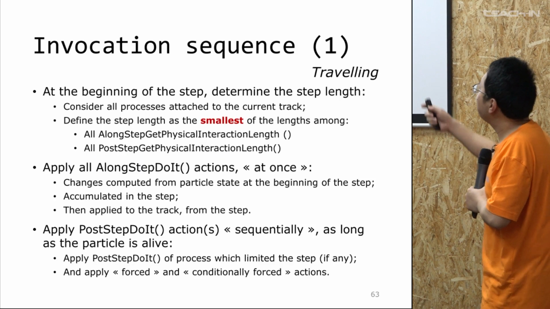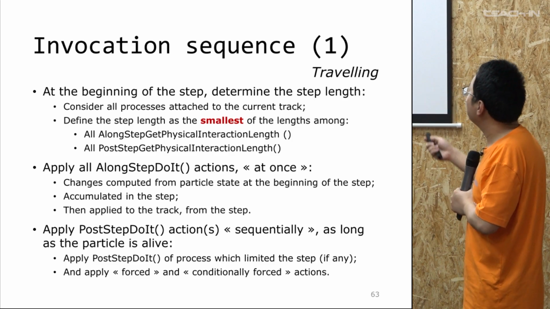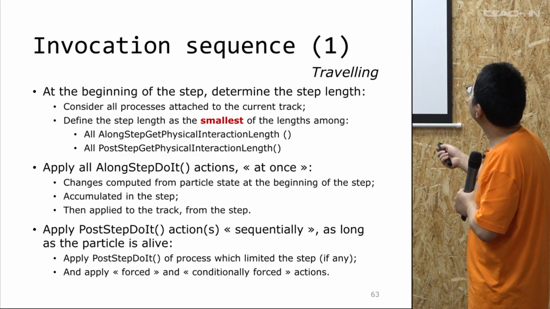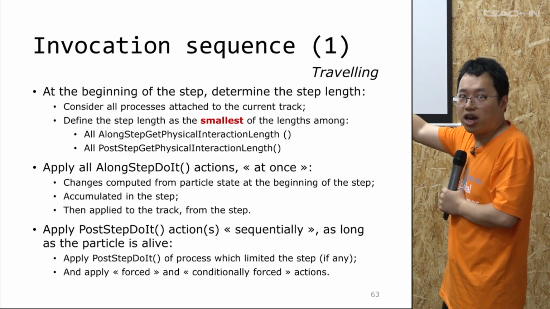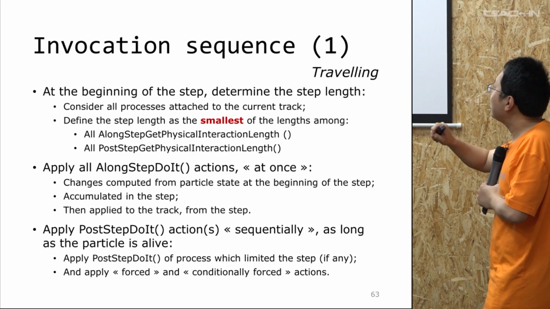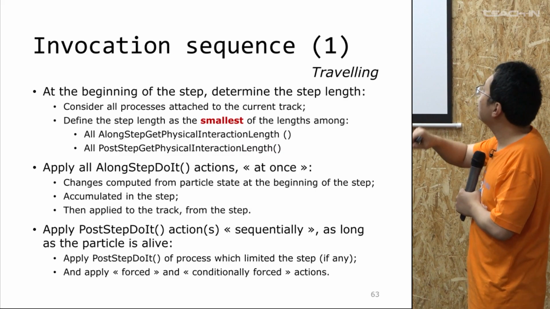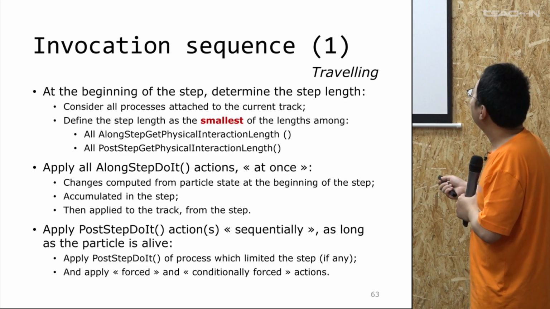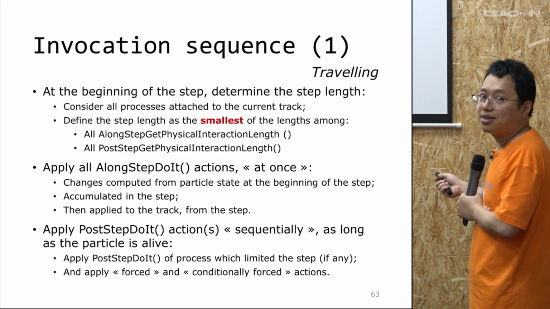And then let me discuss the invocation sequence. The first case is when the particle is still traveling. At the beginning of this step, first we need to determine the step length.